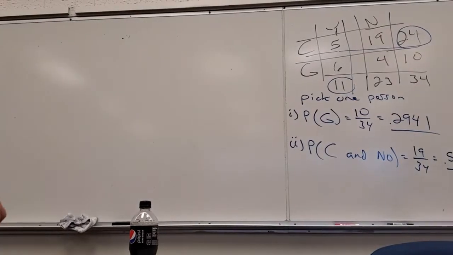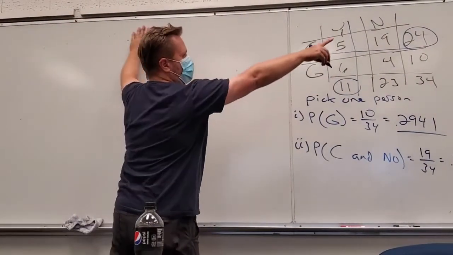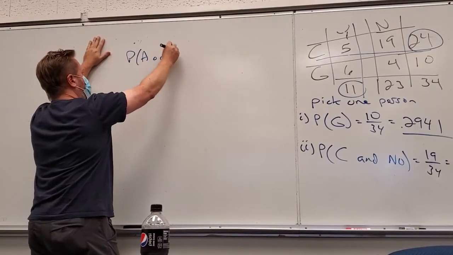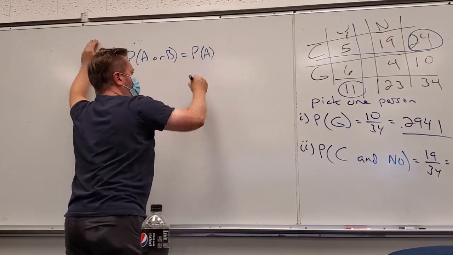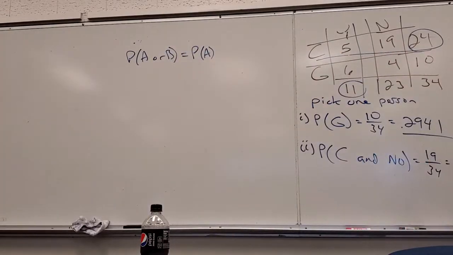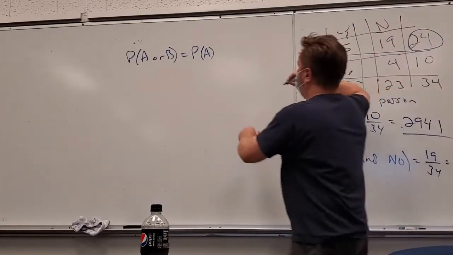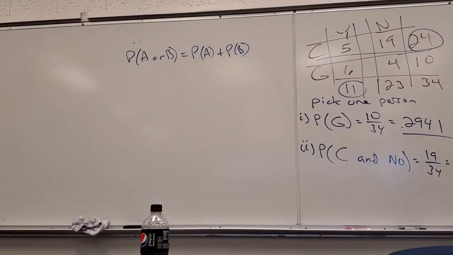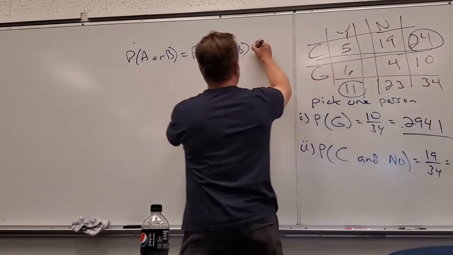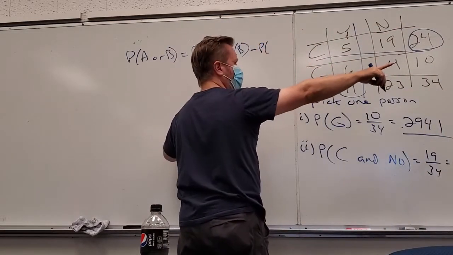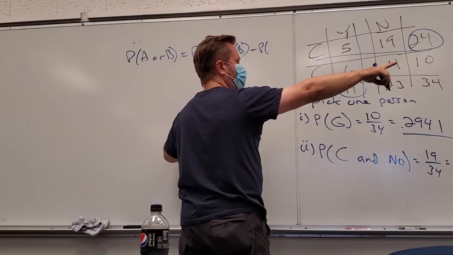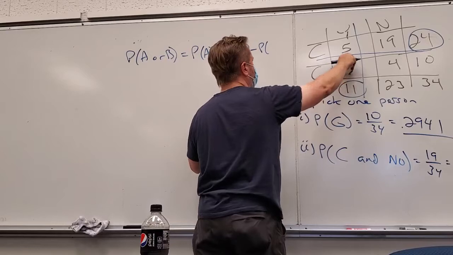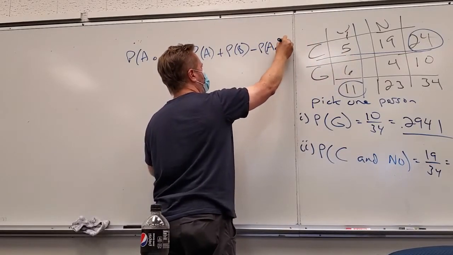So, for example, the probability of A or B is the probability of one guy plus the probability of the other guy, minus, what's the 5 mean in that problem over there? Who were those people? Double counted. They were this and this, right? So minus any that are both.